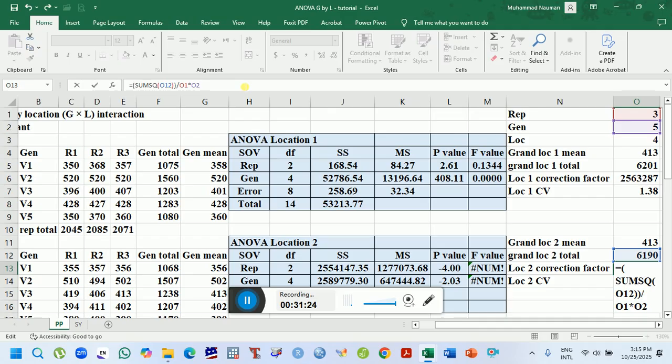It means we have selected the total number of observations. This term is divided by the total number of observations.